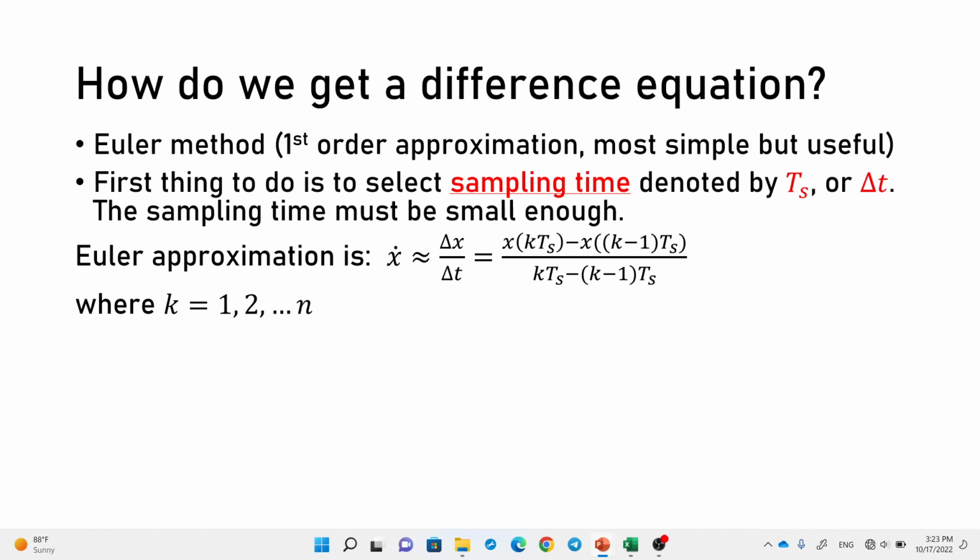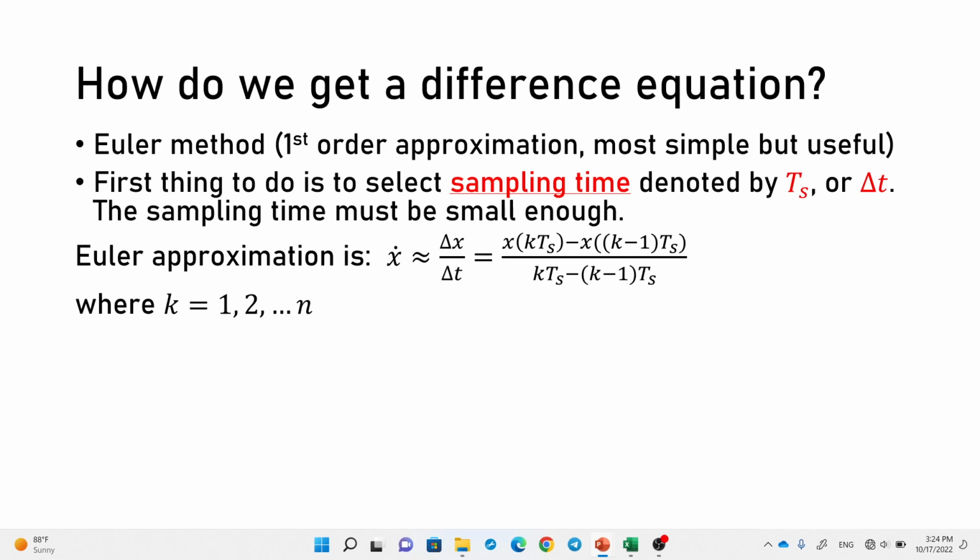For example, RC circuit, LRC circuit, DC motor, pendulum, drone, almost all kinds of dynamic systems can be represented by an ordinary differential equation, or a set of ordinary differential equations. It can be linear or non-linear, but anyway, for Laplace transform and Z transform, we apply them to linear systems only.